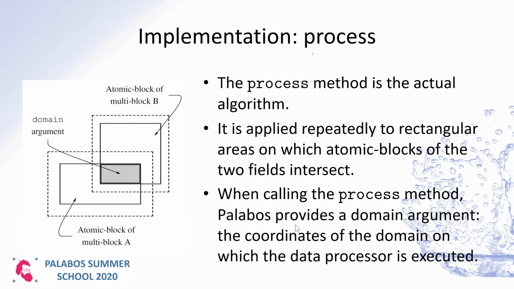So it is going to compute these smaller domains, which I'm going to call the domain argument, and provide them to your process method with the corresponding atomic blocks A and B, to ask your data processor to carry out a loop on this smaller subdomain.